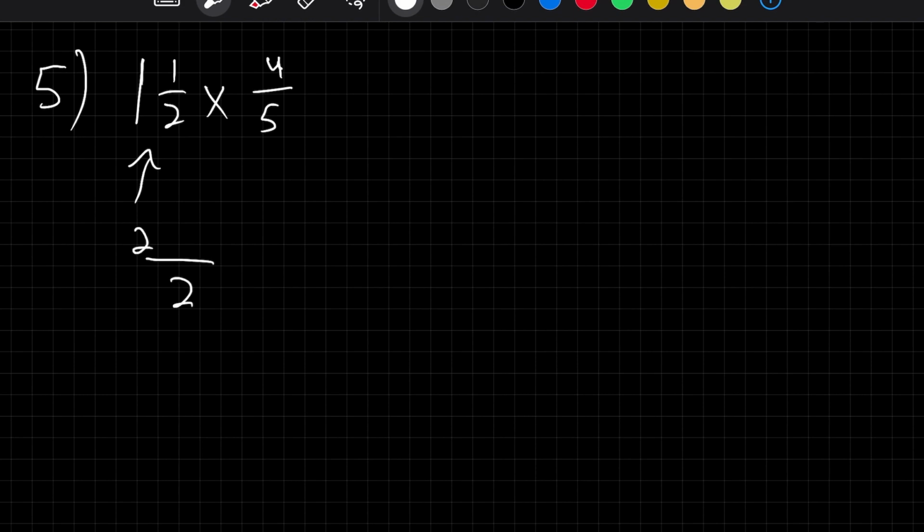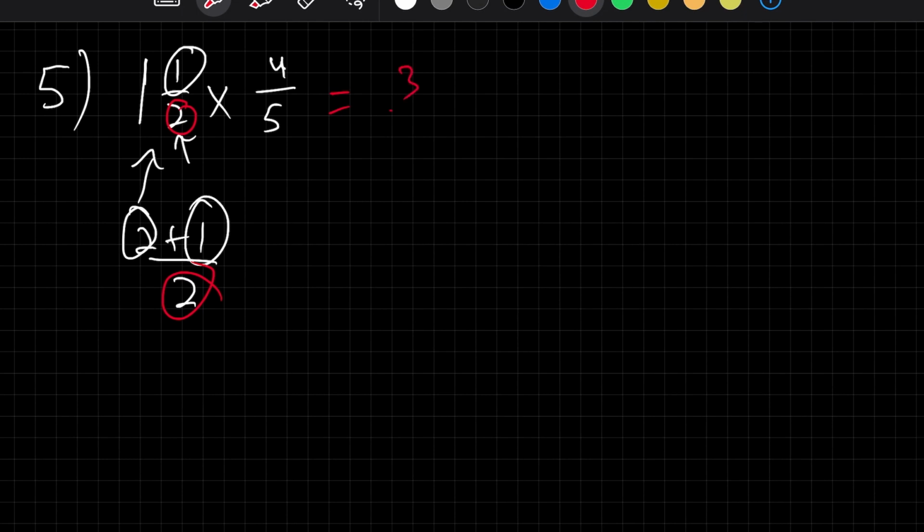Okay, so 2 times 1 is 2 plus 1, which is the numerator. So what we do is we take the denominator and multiply it times 1, so that's this value. And then we add the numerator over here. Okay? And we always divide by the denominator. This should match this value here.